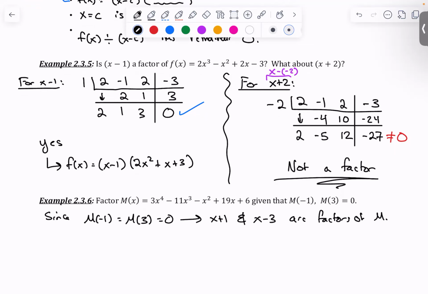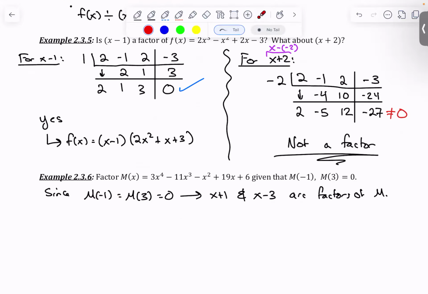So that means by the big boy factor theorem that if we synthetically divide by x plus 1, meaning that our c value would be -1, whatever we get as the quotient will be a factorization of it. That'll break it down by 1 degree. So let's go ahead and do that.